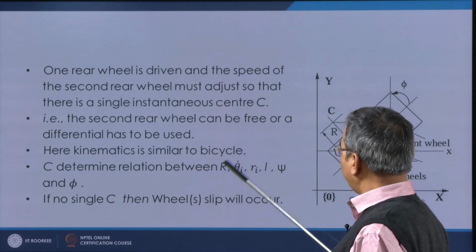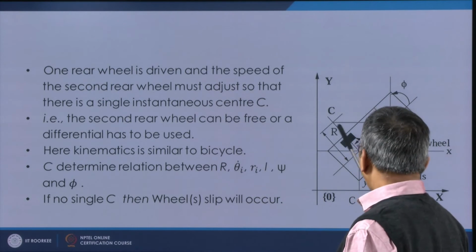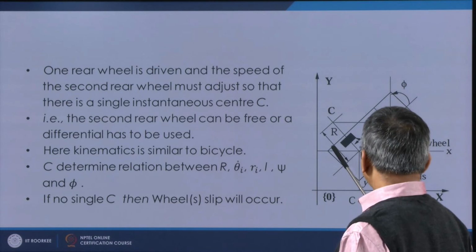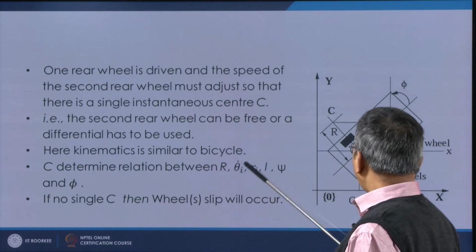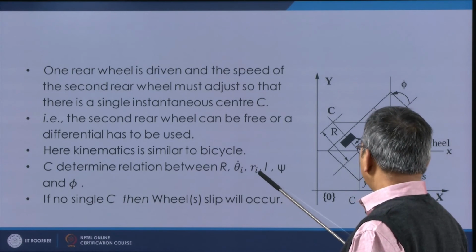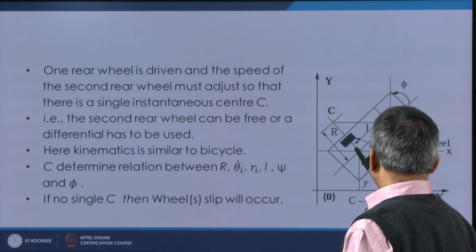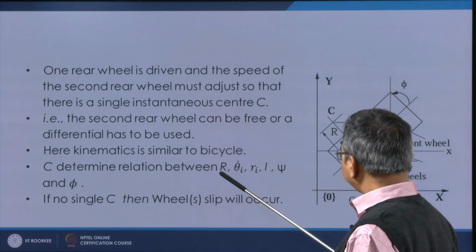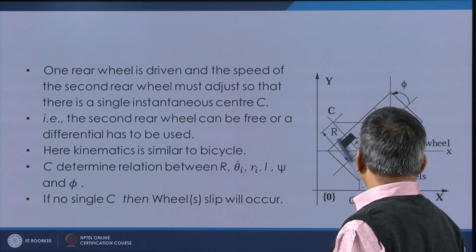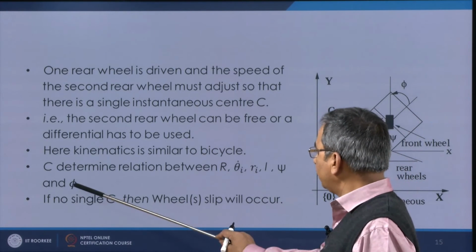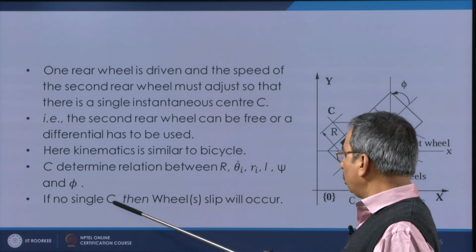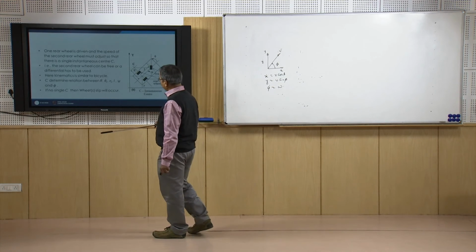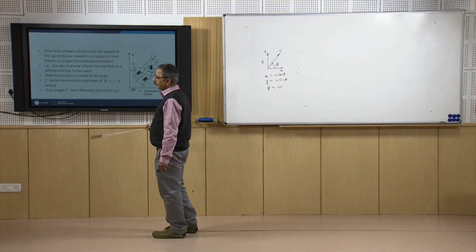And this C here determines the relation between R, that is the distance of the robot axis from the instantaneous center, theta i, that is the individual wheel rotations, the radius of the wheel, L, that is the distance between the front and the rear wheel, okay, and the vehicle turning psi and the steering angle, okay. And if there is no single C, then of course, as we all know from our basic kinematics understanding, we are going to have slip.